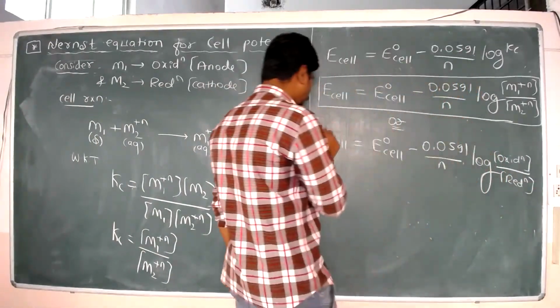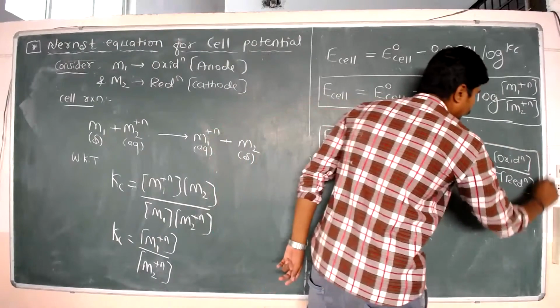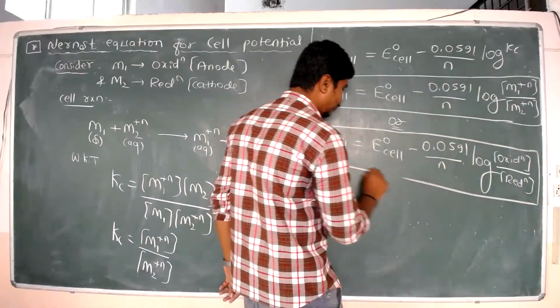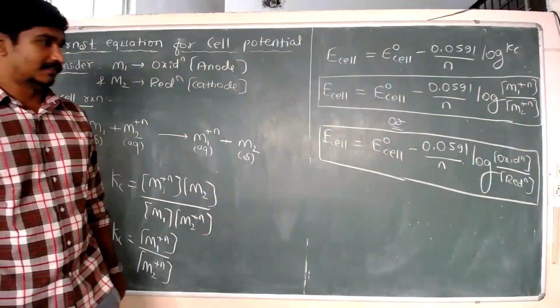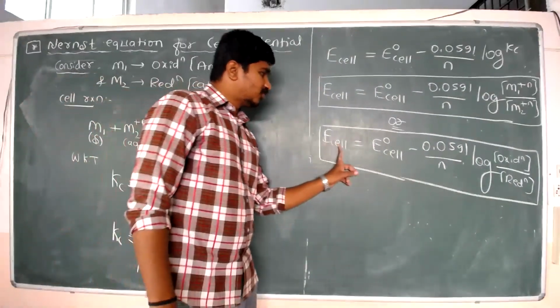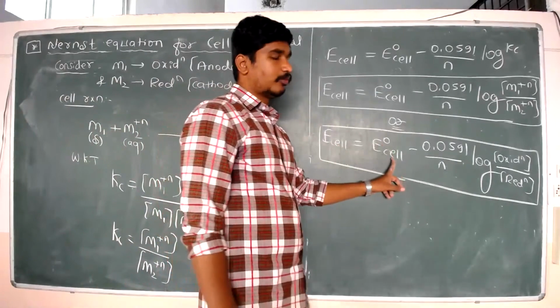This is also known as the Nernst equation for calculating the electrode potential of the complete cell. Electrode potential of the cell is equal to standard electrode potential of the cell.